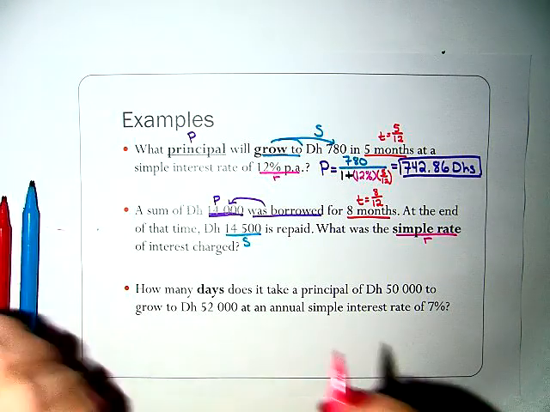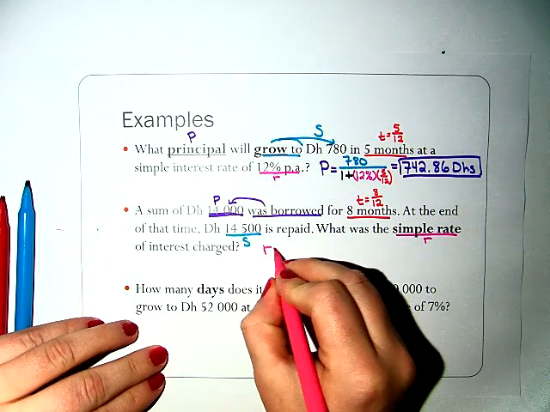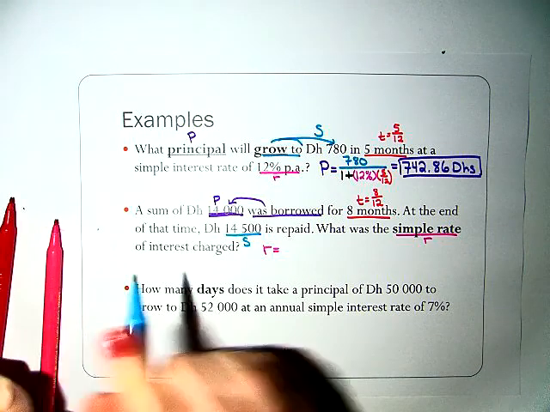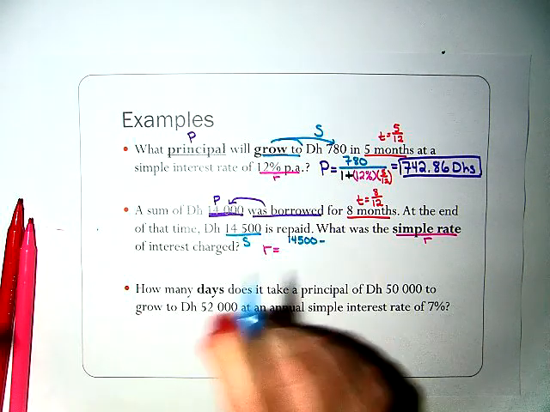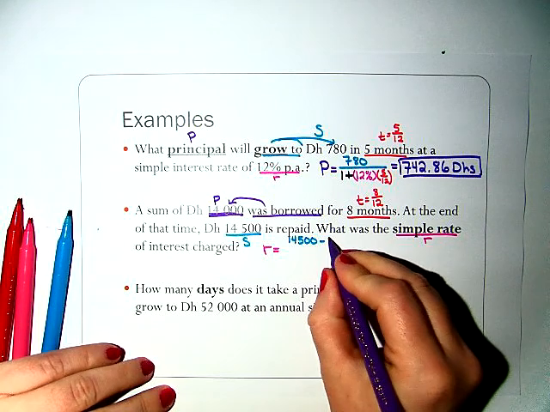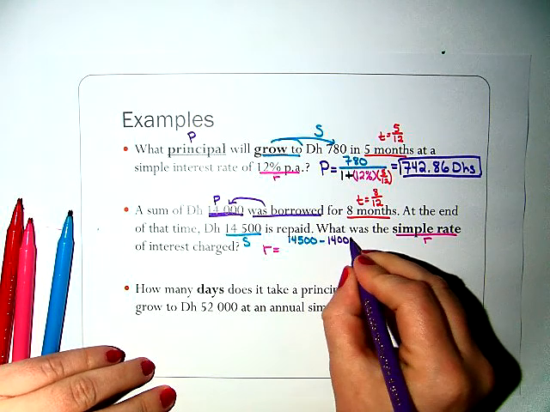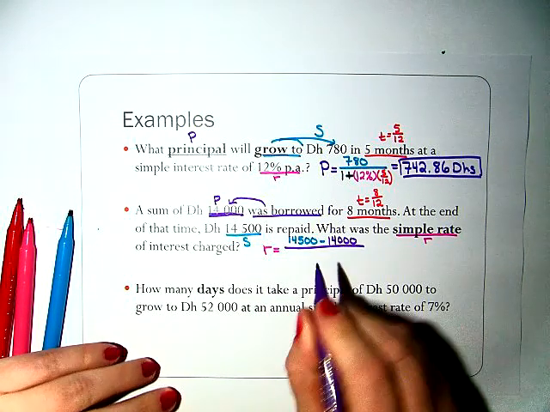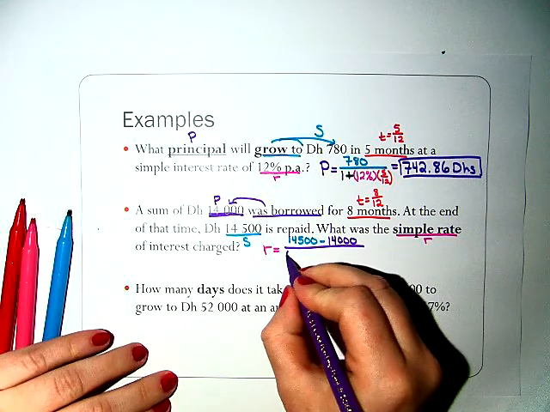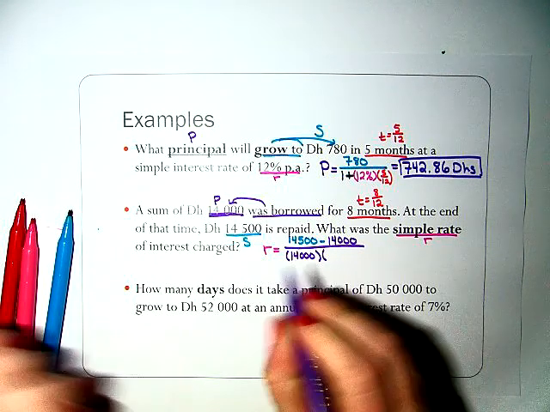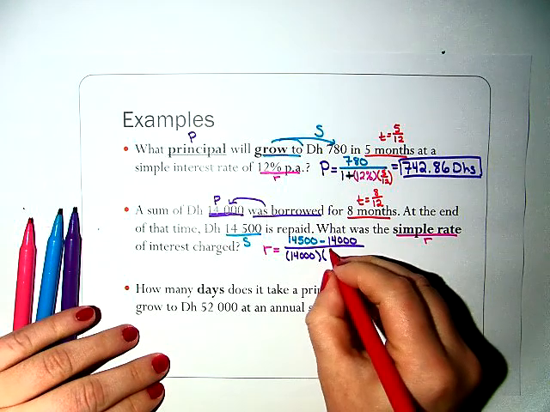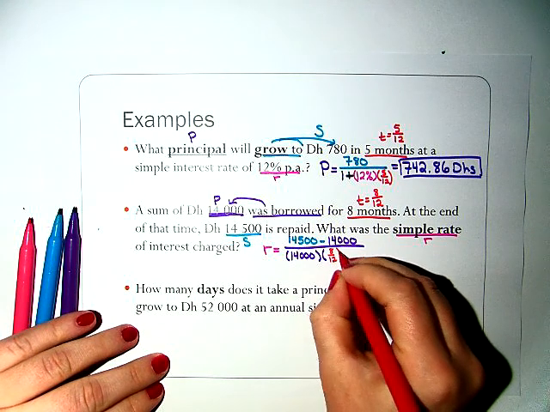Okay, well, if we look at the formula, we see that rate is the maturity amount, 14,500, minus the amount we borrowed, or the principal, 14,000, all divided by the principal, 14,000, multiplied by the time, which is 8 over 12.